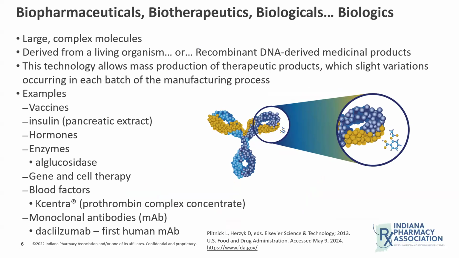So, biologics, again, what are they? We already established that they are large and complex molecules. They are derived from living organisms or from recombinant DNA derived medicinal products. There are quite a few examples that fall under the biologic umbrella, which I have some listed on the slide. Some of these may seem intuitive, like you may have seen them before, such as vaccines could be an example, insulin and monoclonal antibody examples. But we can also add certain hormones, enzymes, cell therapy, and blood factors to the biologic family as well.